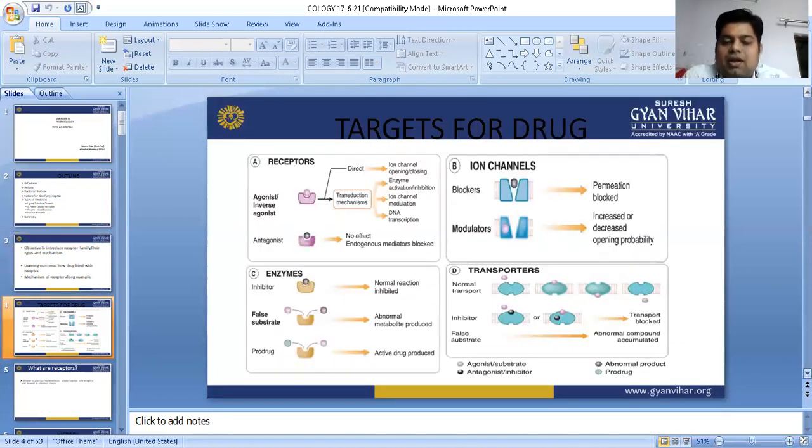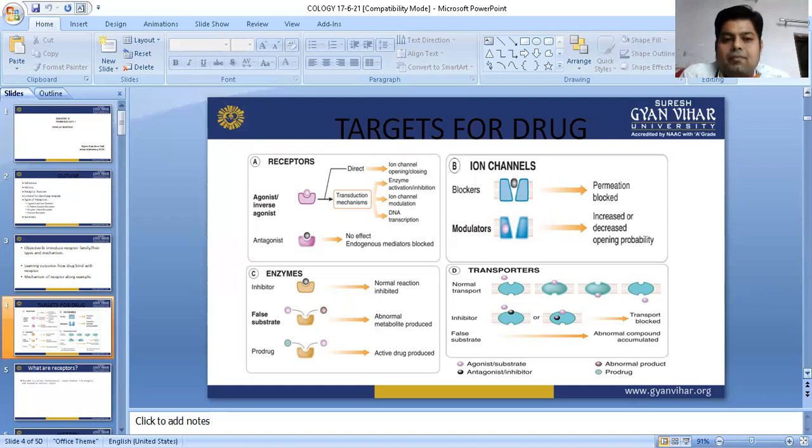Now, targets for drug, means we can say either drug, we can say either ligand. Both are the same thing. So first of all, we would like to understand what the targets for drug are. When the drug is absorbed and reaches the tissue, what would happen after that?